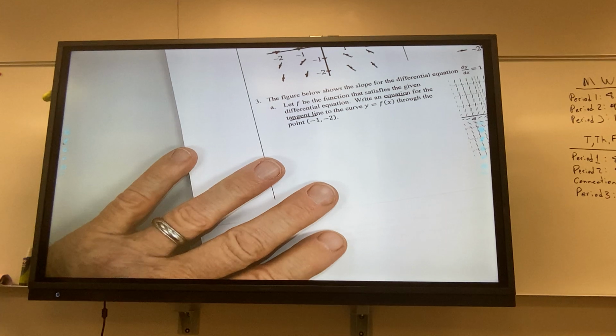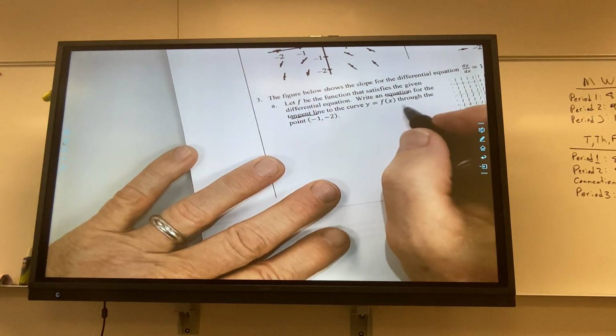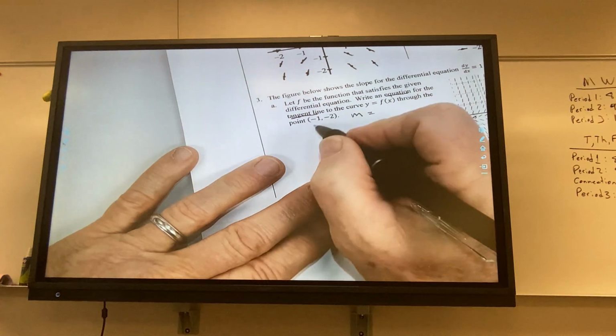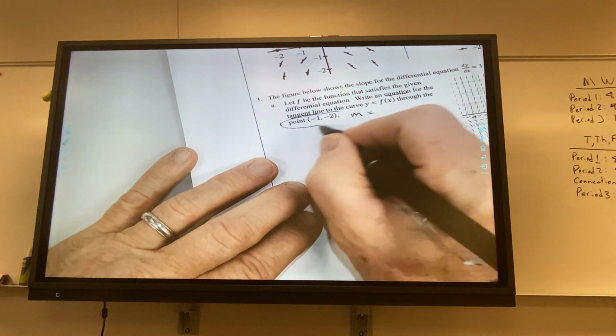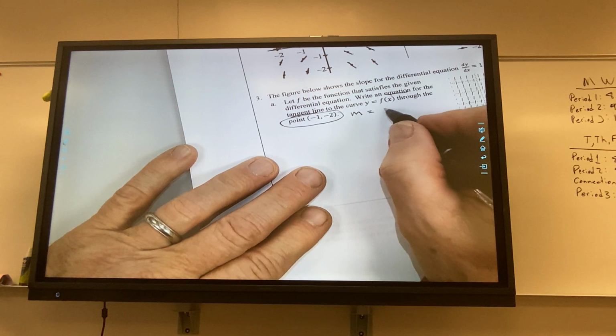Alexis, what 2 things do you need for equation of a tangent line? The slope, which would be the derivative of the original line. Oh, okay. So here's my slope, and a point, and the point is right here. It even tells me the point, correct? So what do I get for a slope here? 1 minus what?